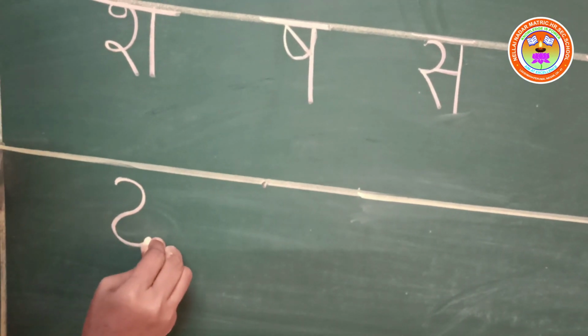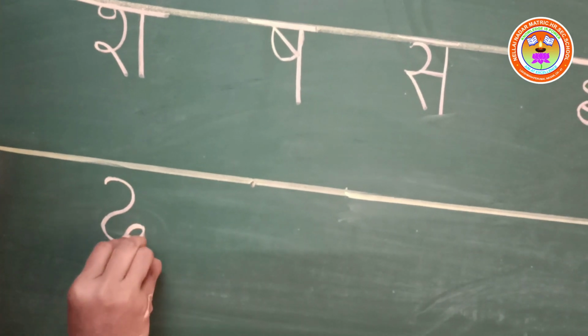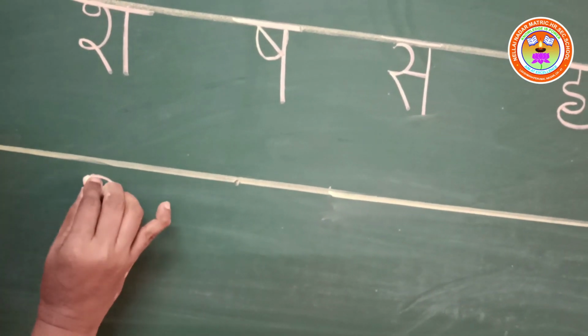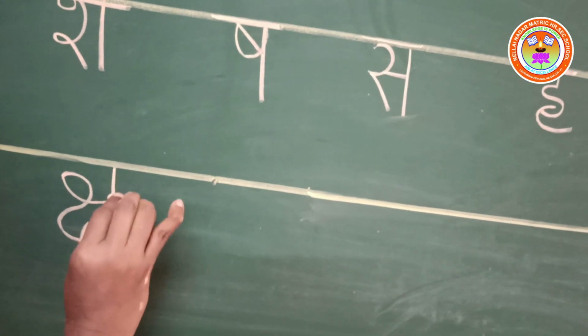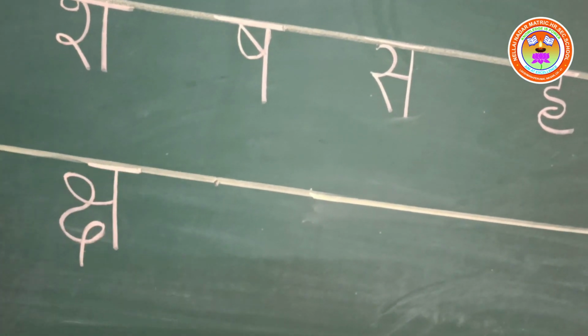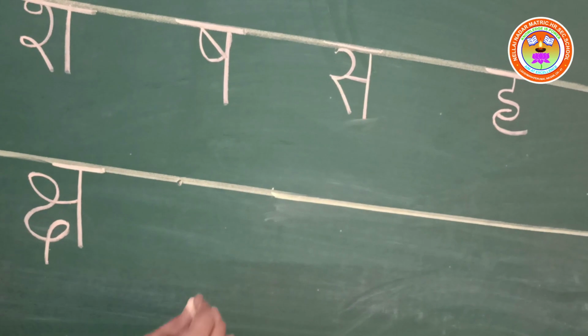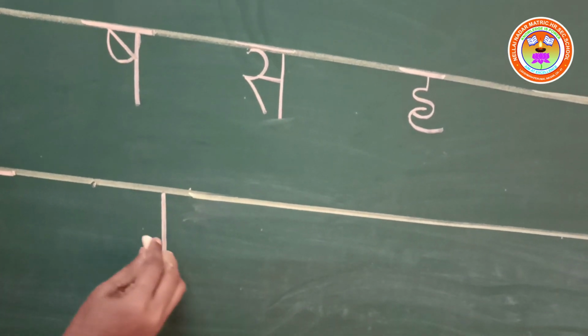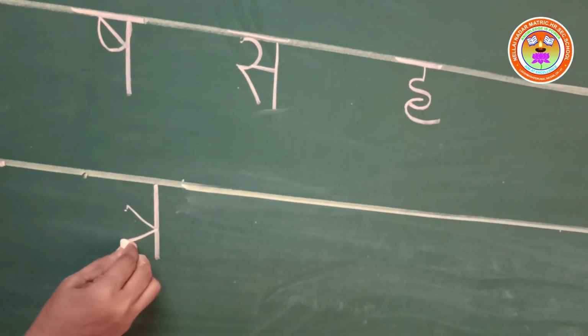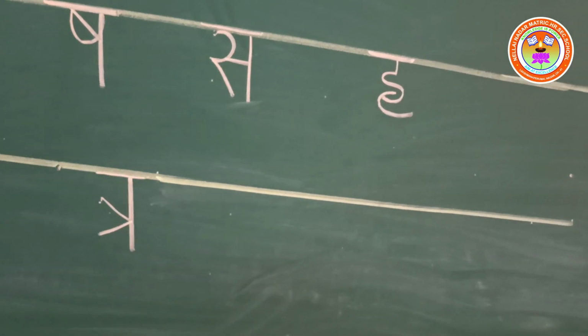Children, now draw a half circle and bring it down like a hook and like an S shape, straight line, sleeping line. Ksha. Draw a straight line, a greater than symbol and a sleeping line on top of it. Tra.